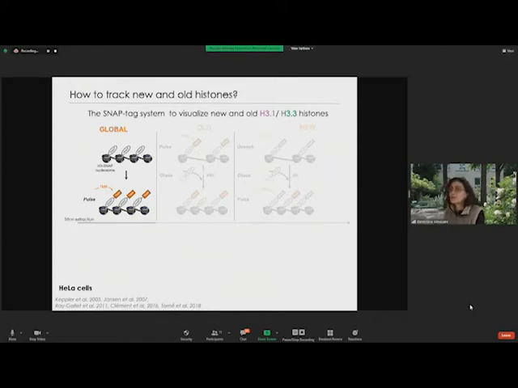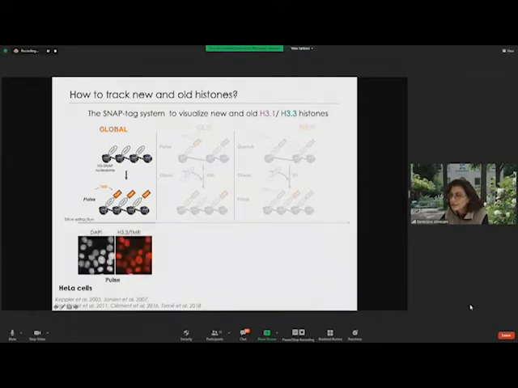And in this way, if you have a SnapTag that is linked to your protein of interest, here we've been tagging H3 variants, you can then, by using your benzyl guanine derivative that is labeled with a fluorescent moiety, here TMR, visualize your histones. And so you can see here a visualization.